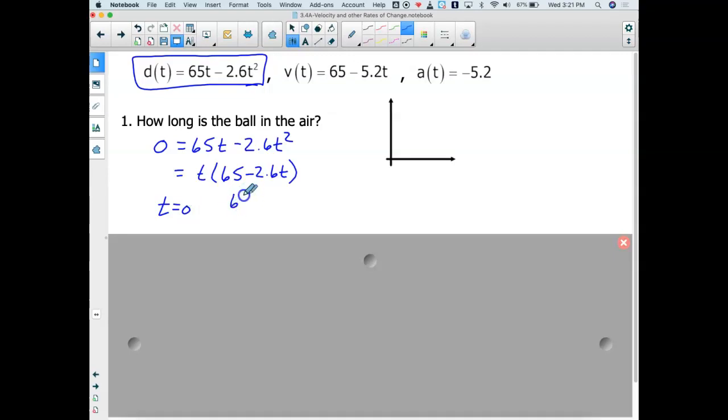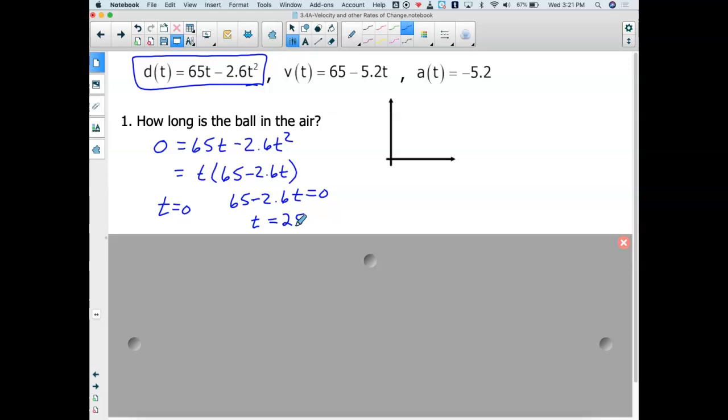And I know 65 minus 2.6t equals 0. Setting these equal to 0, t equals 25. Now, you can get that with your calculator or solver. If you did, more power to you.